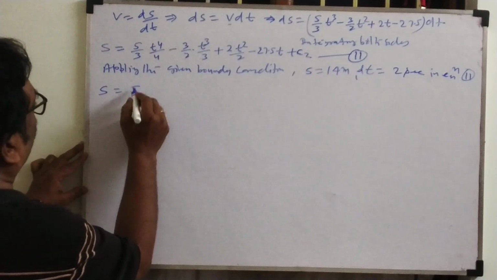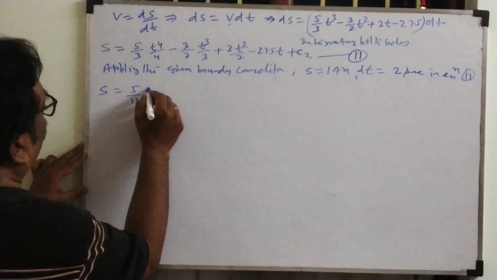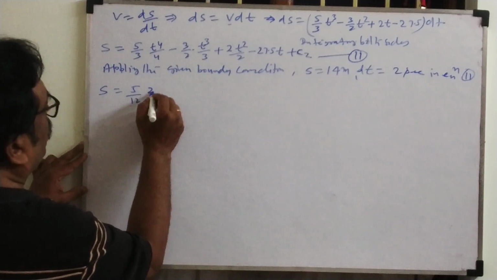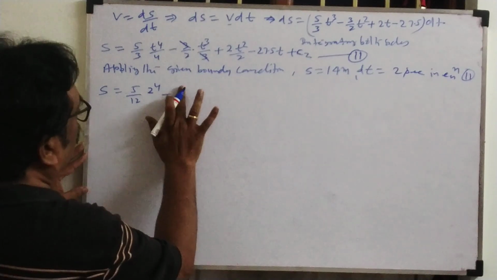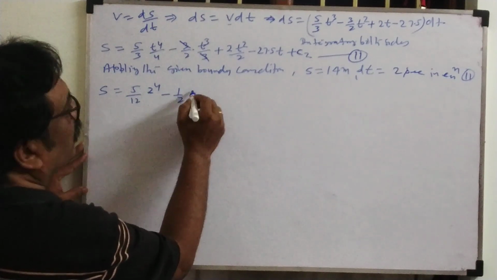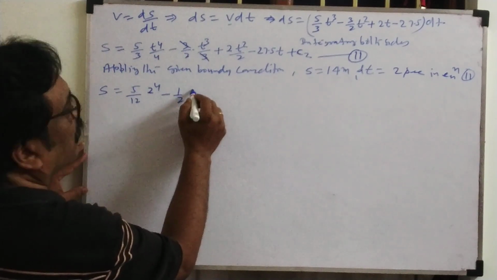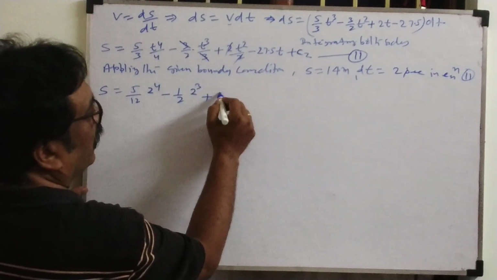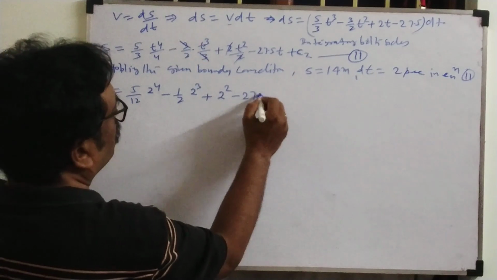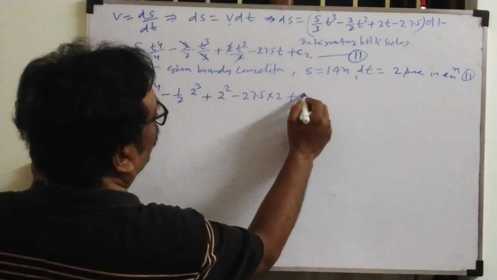S is equal to 5 by 12 t power 4, that is 2 power 4, minus 3 gets cancelled, so 1 by 2 t is 2 power 3, plus t square, 2 square, minus 27.5 into 2 plus c2.